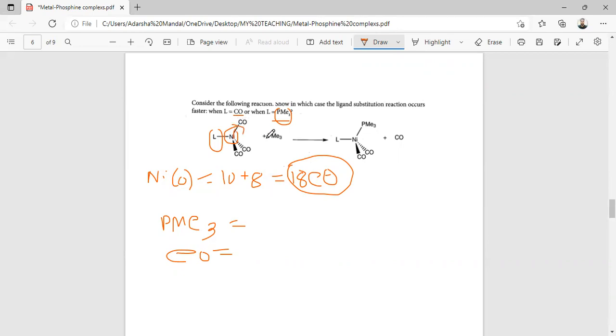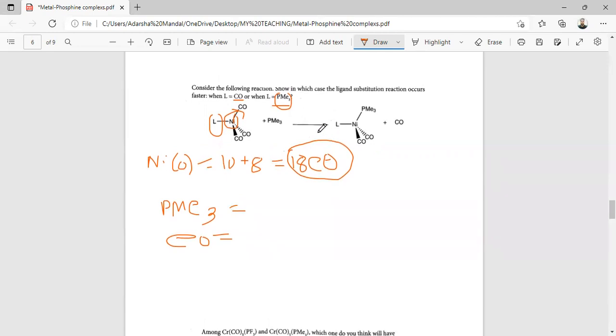So with PMe3 there is more back donation between the nickel and carbonyl, which strengthens the nickel-CO bond. So the rate of the reaction will be higher when L is equal to CO, and the reaction rate will be slower when L is equal to PMe3.